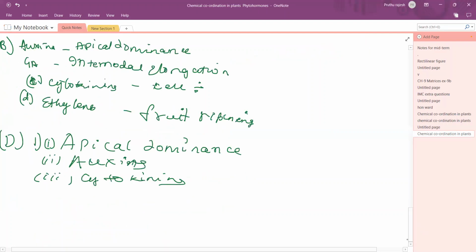Let's move on. Second question. The figure given below shows the stages of ripening in a banana. Answer the questions that follow. Name the plant hormone responsible for the above changes.